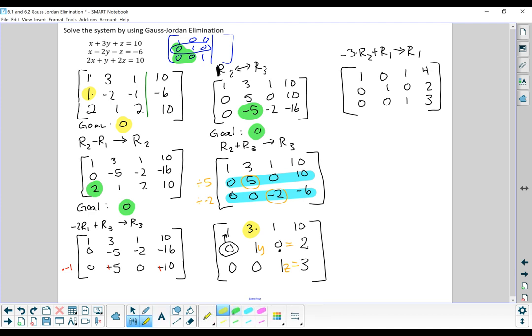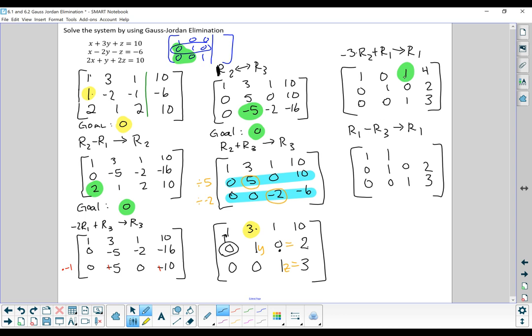And then finally, I'm going to try to get a 0 here. So my row operation is that I'm going to do row 1 minus row 3, and I'm changing row 1. So row 2 is not changing, row 3 is not changing, and row 1 minus row 3 gives me 1 minus 0, 0 minus 0, 1 minus 1.